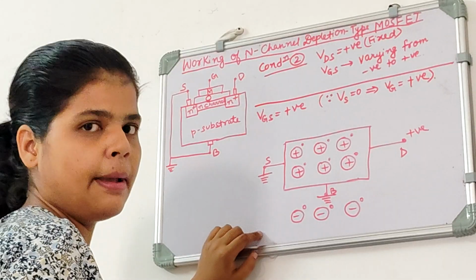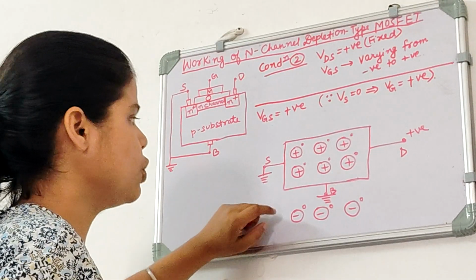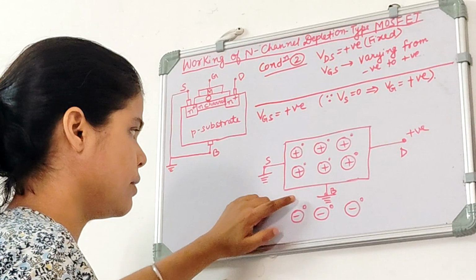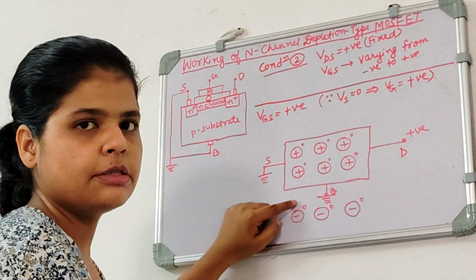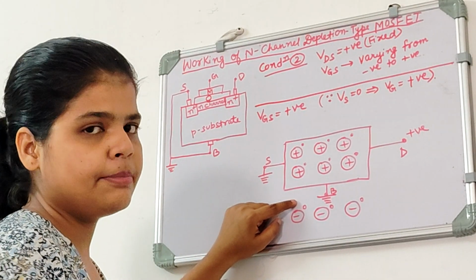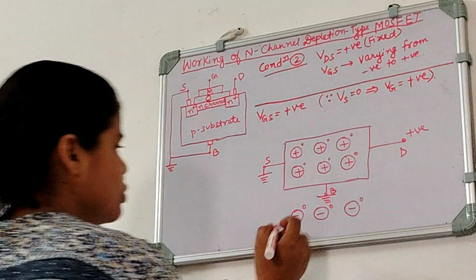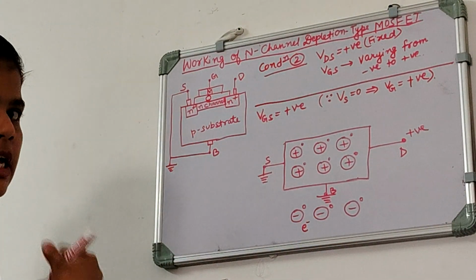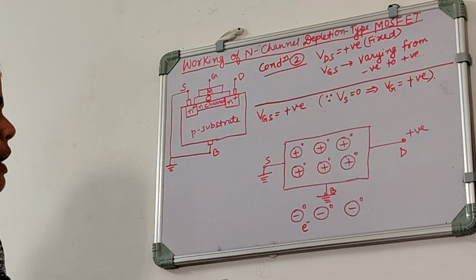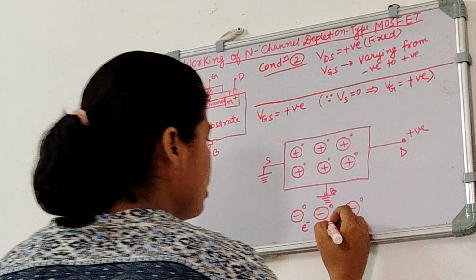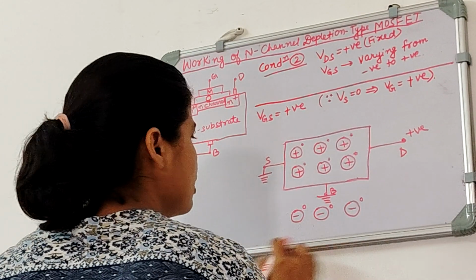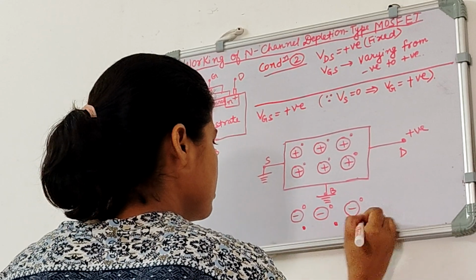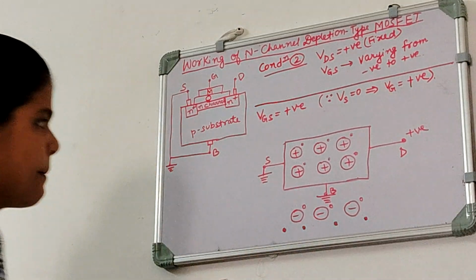In P-type material, we just show negative ions with holes because holes are the majority charge carriers, but there are also some electrons. Since they are minority charge carriers, they are less in number, so we don't show them, but electrons are present there. So we will just show some of the electrons like this.